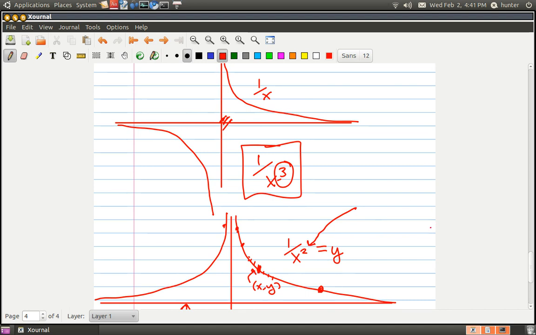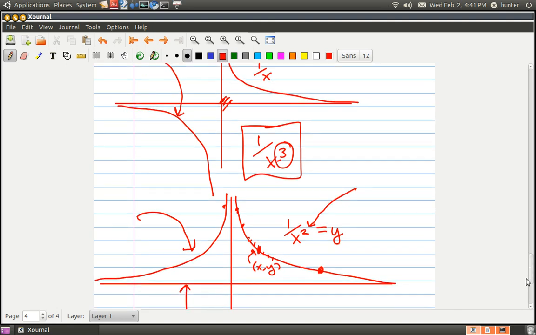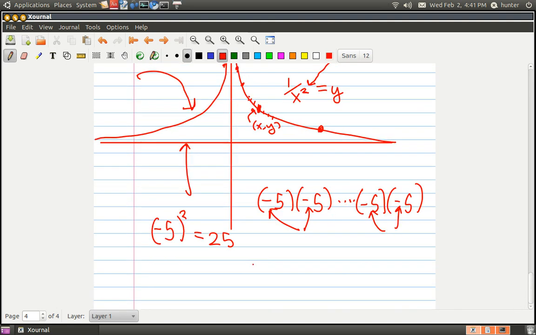So for these functions where the power, here the power is 2, which is an even number, when the power is 2, or any even number, this lobe over here is above the x-axis, and it's just negative over here when the power is odd.